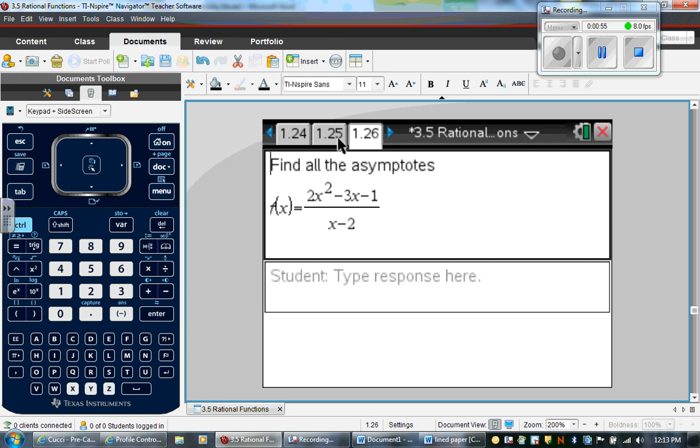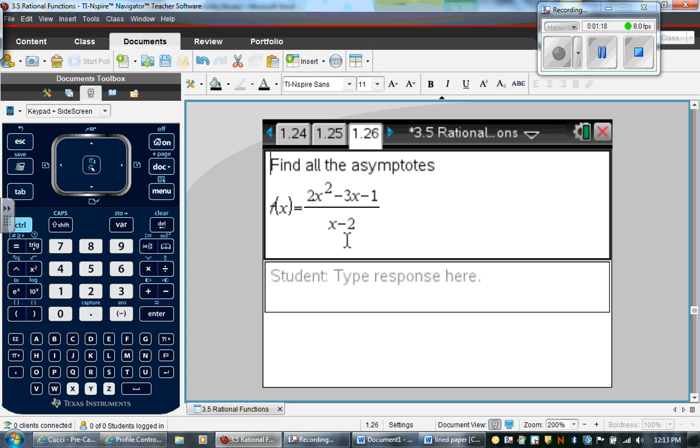So now just by looking at the denominator, we know that we have a vertical asymptote at x equals 2. That was pretty easy to pick up just from what we already knew. So what we're going to do to find the slant asymptote is use some long division.